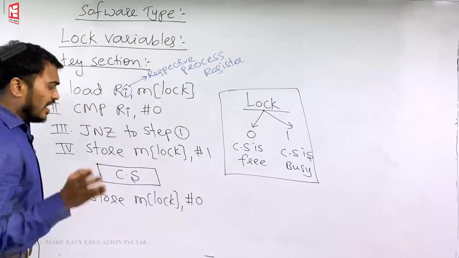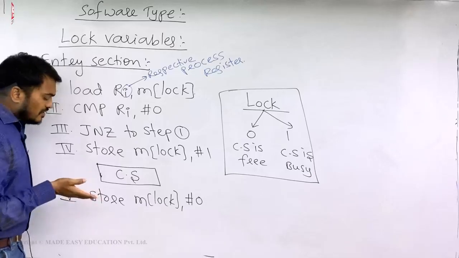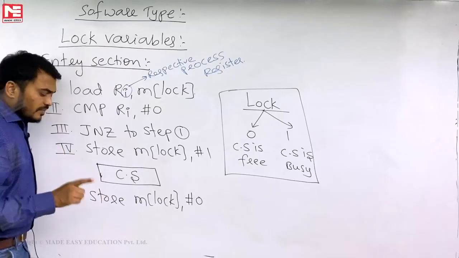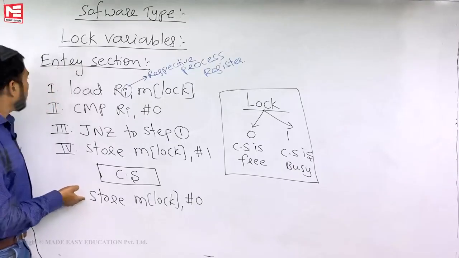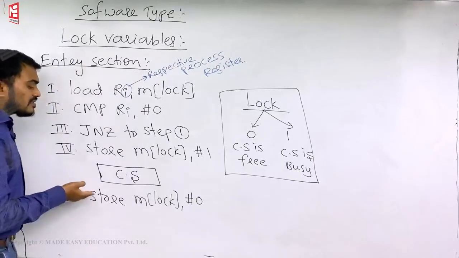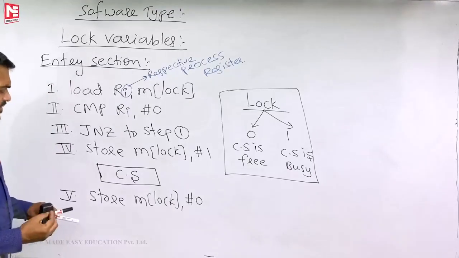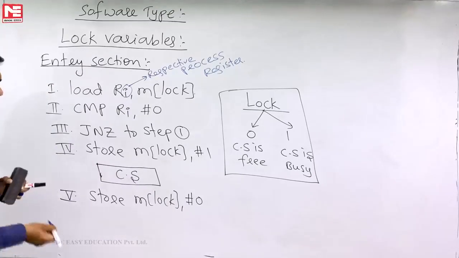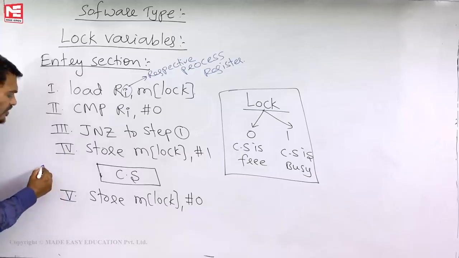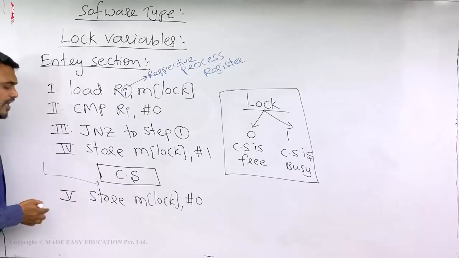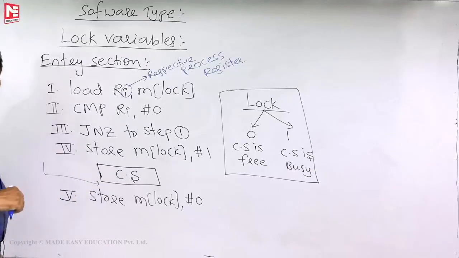So understand this important point. Unless and until the process executes instruction number 5, you need to consider the process still inside the critical section. Why am I saying all this? Somebody may think like this: you take preemption here and think that now the process is not in the critical section.